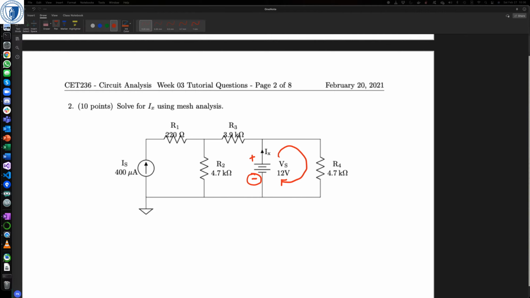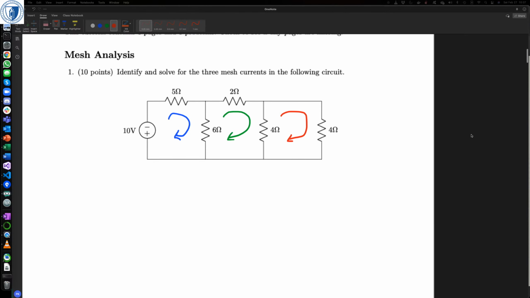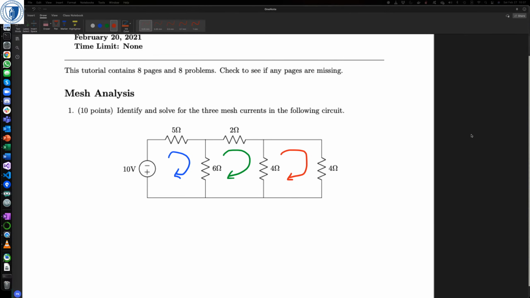And now where I'm struggling is putting these together into a matrix. Okay, I heard the word struggling just as I came in. So what's the issue? We have our KVL equations. We just finished and went over those.